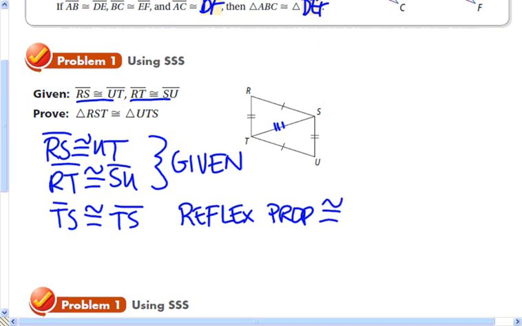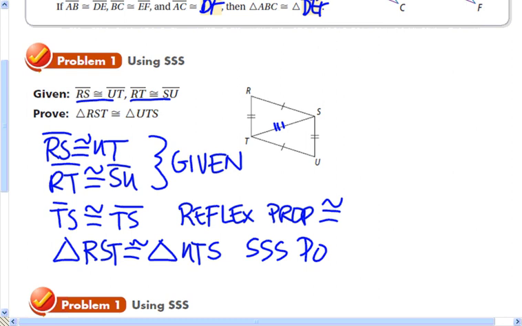And so we have 3 pairs of corresponding sides that are congruent, so therefore the triangles are congruent by the side-side-side postulate.